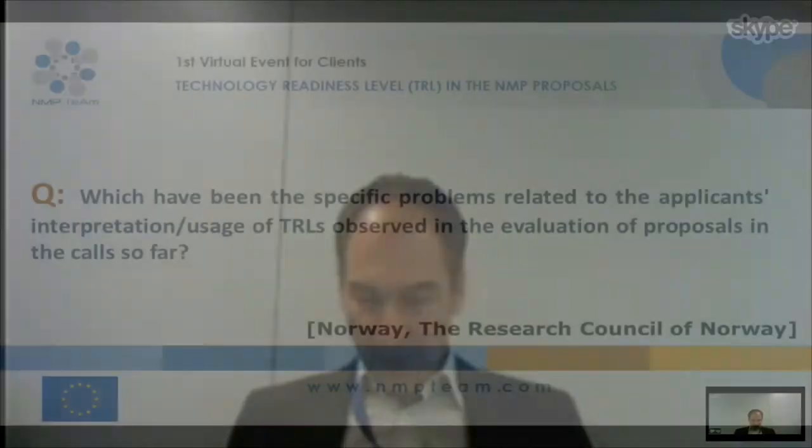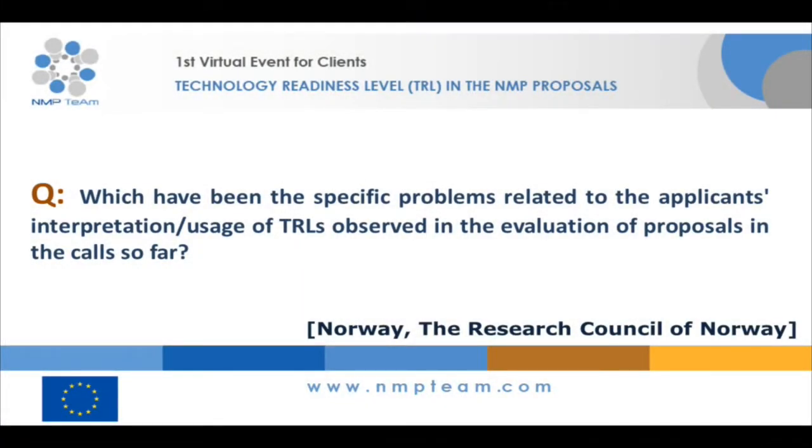Which have been the specific problems related to the applicants' interpretations of TRLs observed in the evaluation of proposals? Well, I mentioned two problems already. One is that often enough, we see proposals that are unrealistic with regard to the TRL of the topic they are trying to address. And the other issue we have seen is that even where the TRL is adequately addressed from the technological point of view, sometimes the outline business plan is not thorough and convincing.